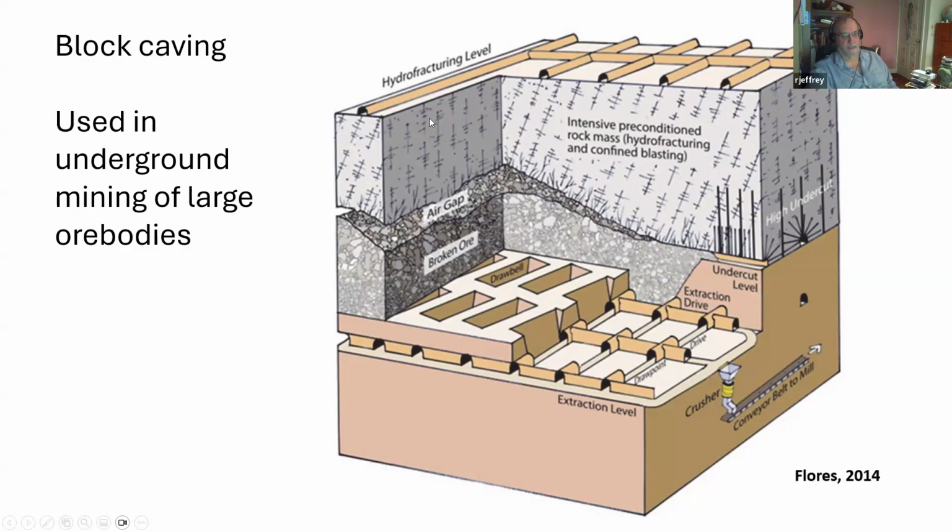So they drilled perhaps 20 or 30 boreholes over this area and placed hundreds of hydraulic fractures into each of the boreholes at spacings of 2 to 3 meters to precondition the rock mass for caving. And this hydraulic fracturing level was located 400 meters above the undercut level. So this isn't to scale.